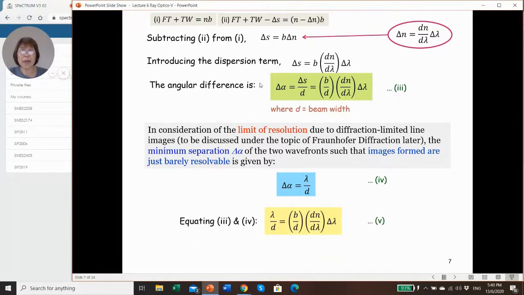Hence, equating equation 3 and equation 4, we will get lambda over d equals B over d dN/d lambda delta lambda, as given in equation 5 now.